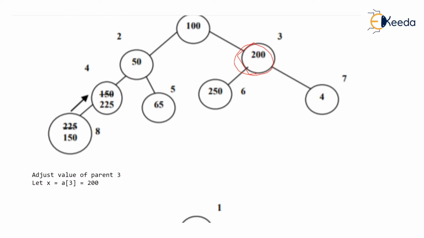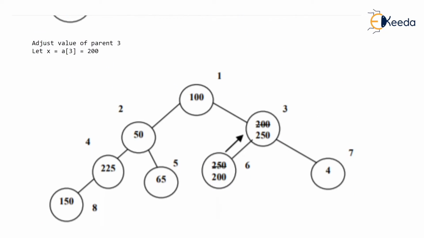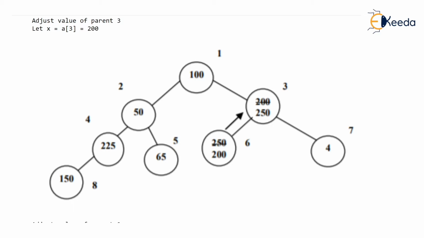Now the picture here shows that we are adjusting the value of the third parent, which is 200. Now I'll just write the original values here. This is 200 and this value was 250 and this is 4 obviously. Now we want somehow that this third node should be greater than both its children.